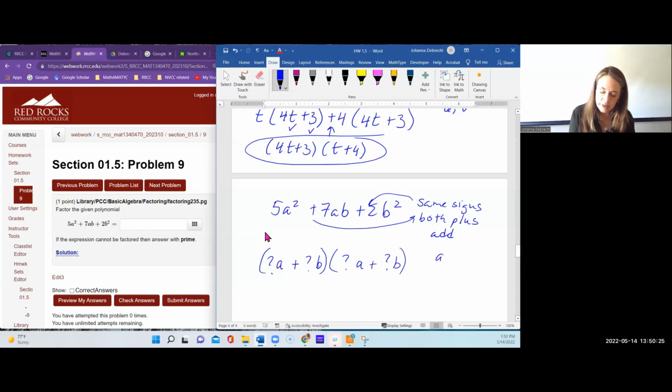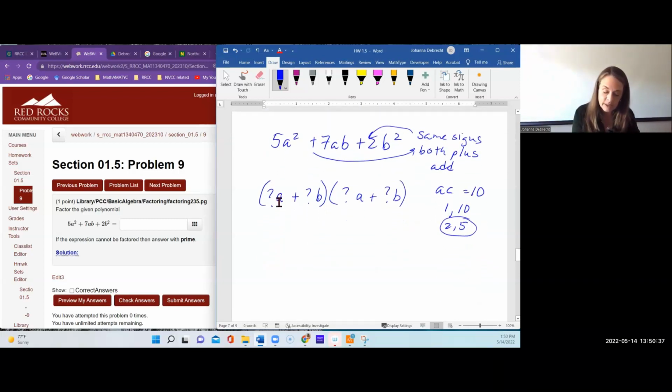On the AC method, if we look at this, we have 10. The factors of 10 are 1 and 10 and 2 and 5. The pair that adds up to 7 is 2 and 5. So we have 5a squared plus 2ab plus 5ab plus 2b squared. Pair them up, take out the greatest common factor.